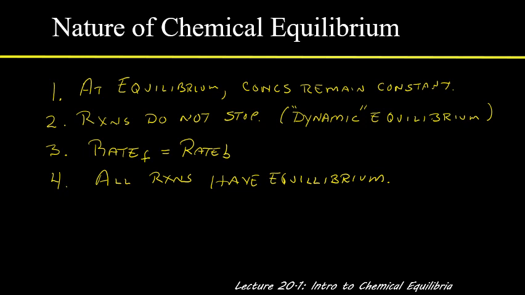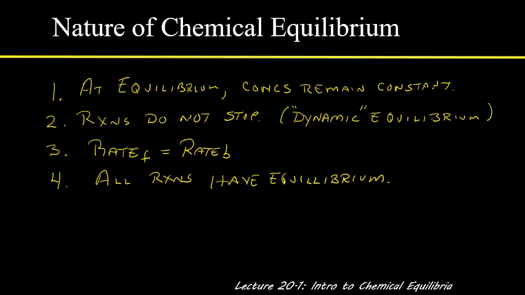And very often that's a reasonable assumption, because for many reactions, the equilibrium is such that the conversion from reactants to products is 99.999% complete. For many reactions, it goes so far toward completion that we can essentially assume that for all intents and purposes, the reaction only goes in one direction.